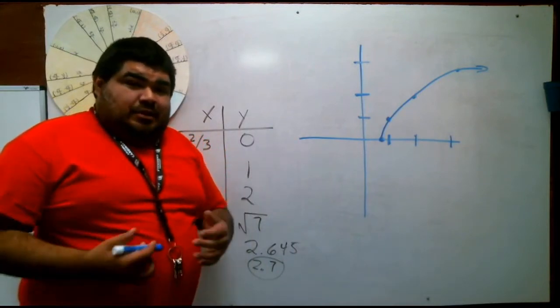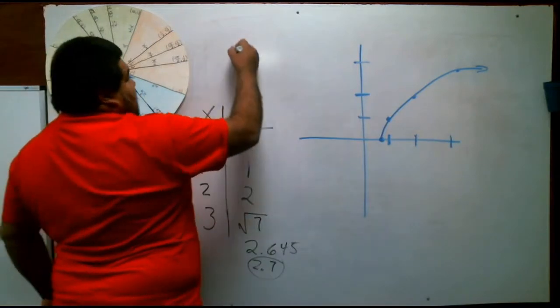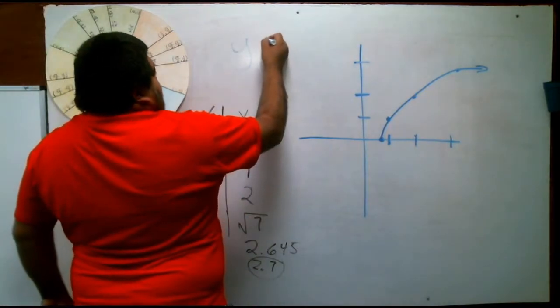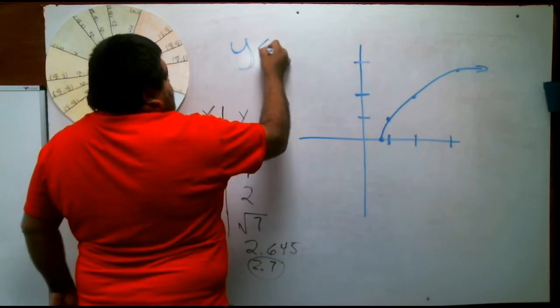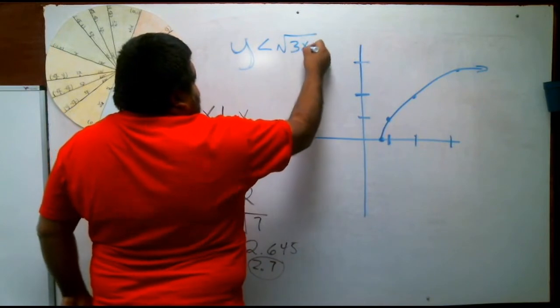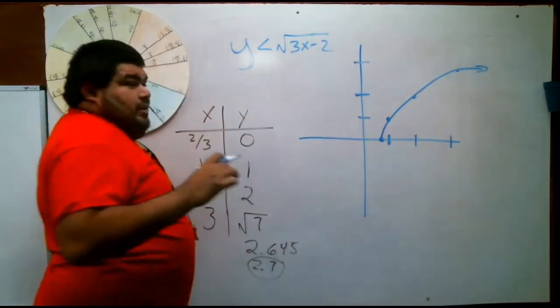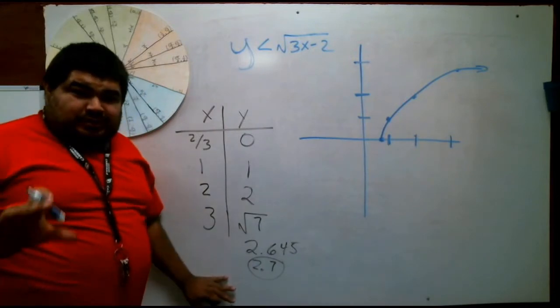When it comes to inequalities, if it was the same one, y less than radical of 3x minus 2, you still find the same points. It's still the same equation.